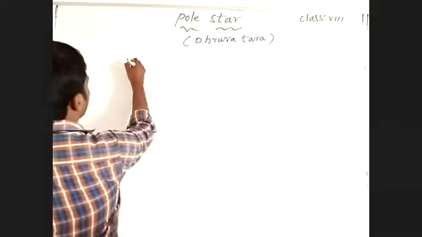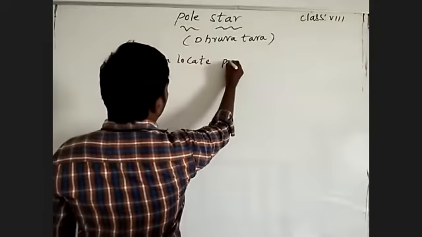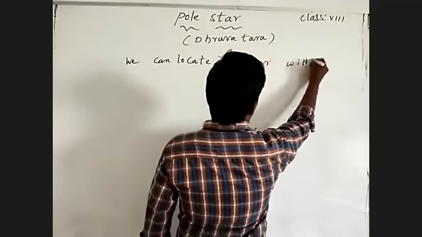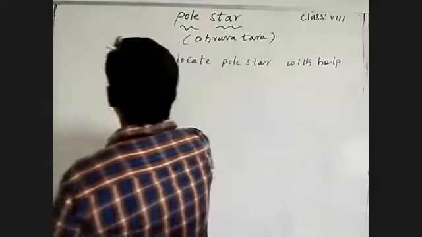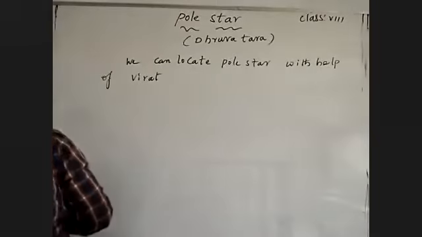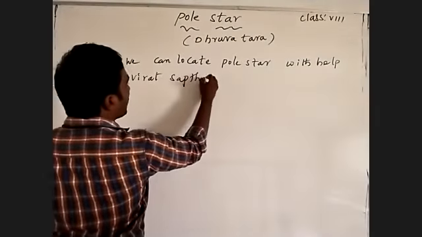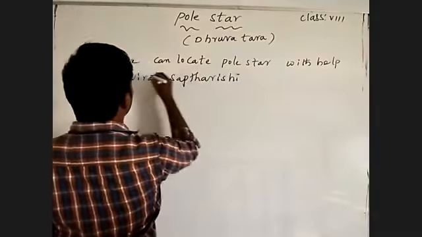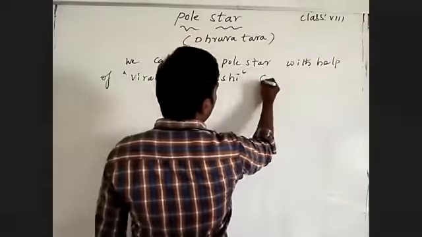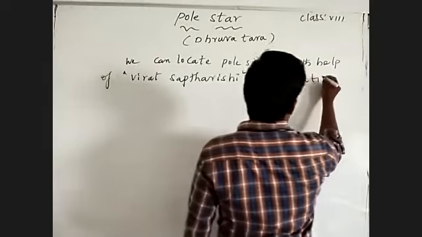We can locate the pole star with the help of Virat Saptarishi. What is that? It is a constellation.